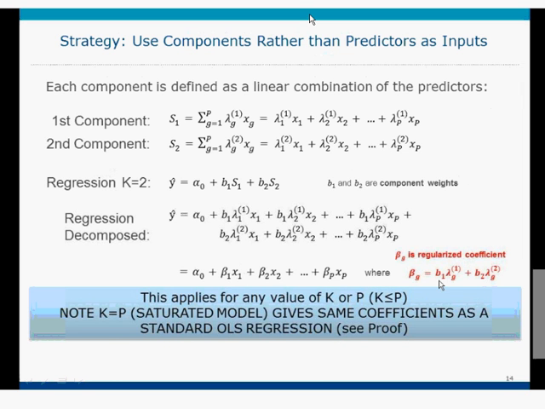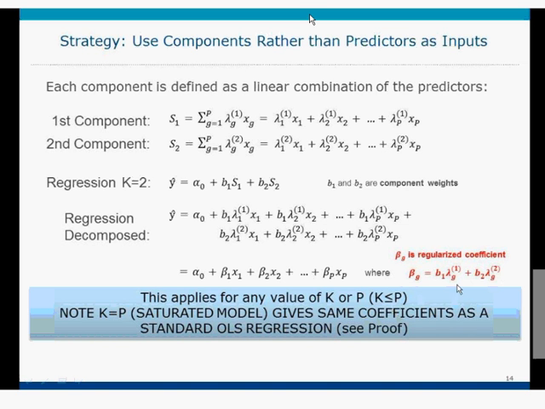So more generally, any given regression coefficient can be obtained as the component weight for the first component times the loading for that predictor on that component, plus the component weight times the loading on the second component.